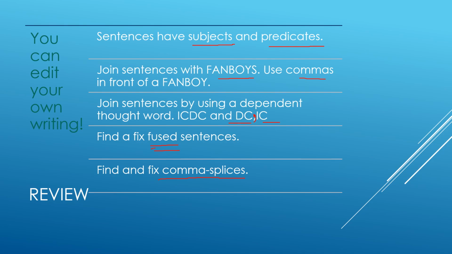That's called a fused sentence. We don't want to do that. And then the more common type that I see in a transfer level writing course is comma splices. Somebody realized there's a little pause between two sentences, but they're not using appropriate punctuation and not using joining words.